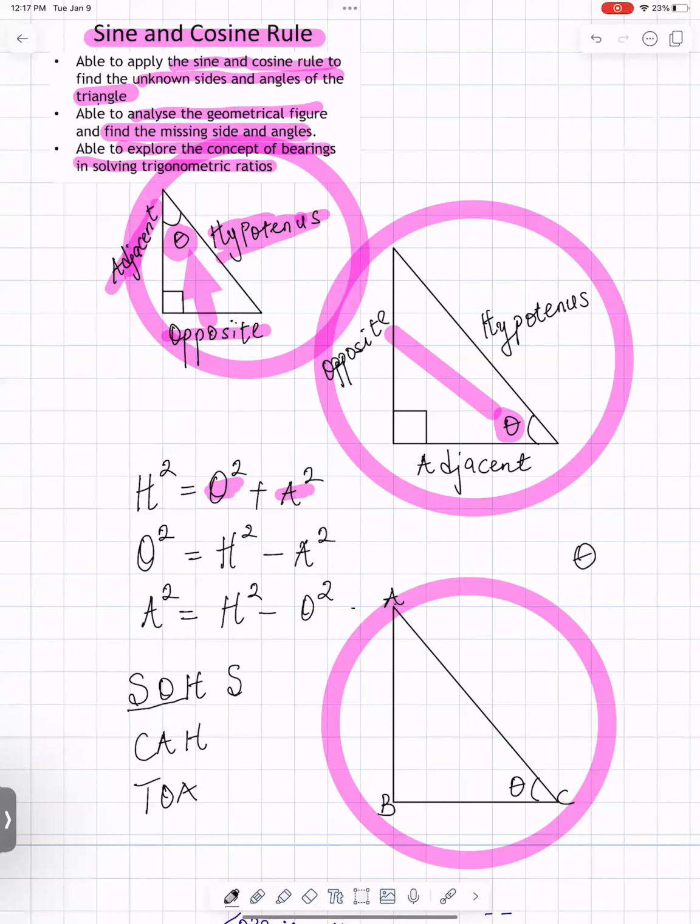S in SOH is sine theta, that's the sine of the angle. Our O, already established, is our opposite. And the H is the hypotenuse.